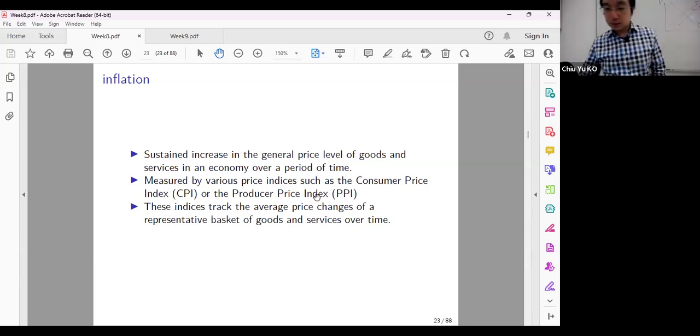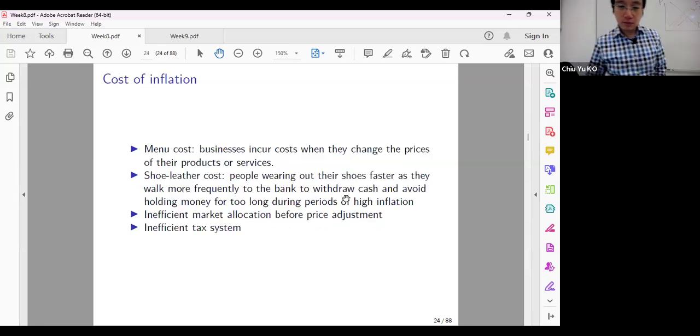And just quickly talk about inflation costs, right? Actually, this is the part that puzzles a lot of economists, because in general, in the open economy, printing more money has no impact in the long run.